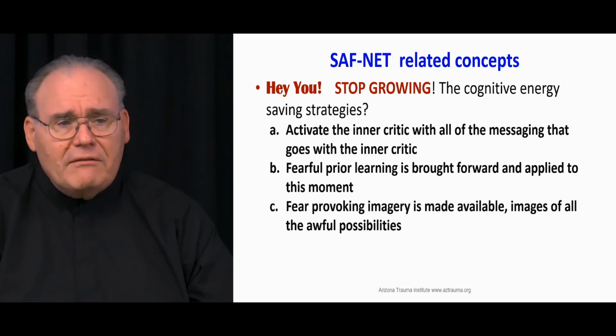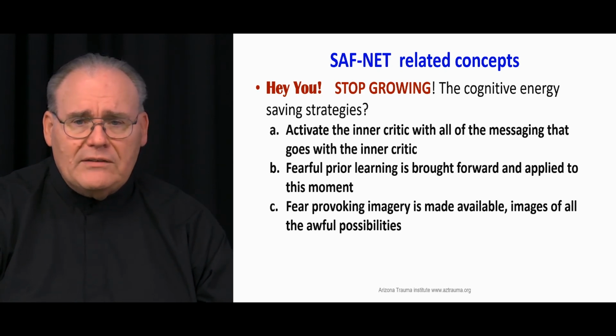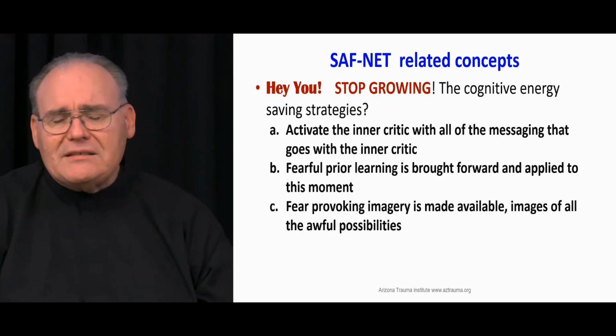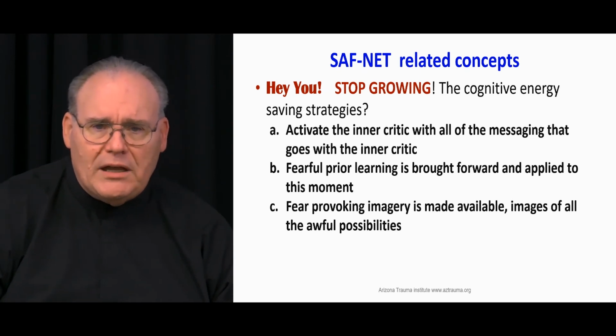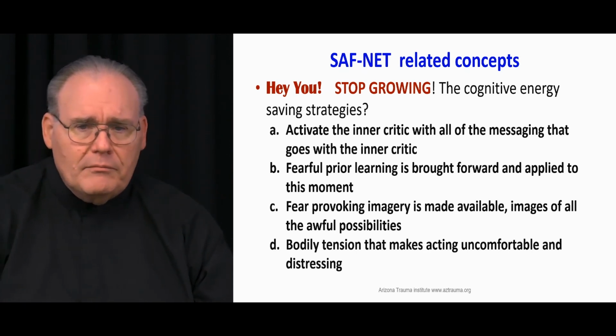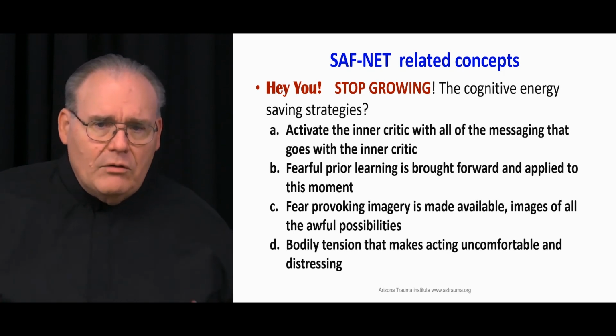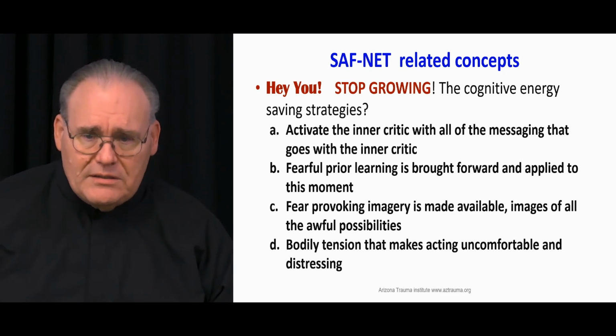You're going to get a lot of fear-provoking imagery. Imagery that normally isn't available. All of a sudden, every awful possibility comes flooding into your mind. Your body tension makes you notice more body tension, making you uncomfortable and kind of distressing yourself.